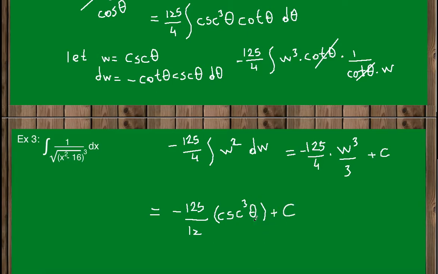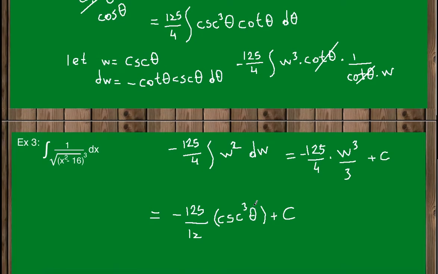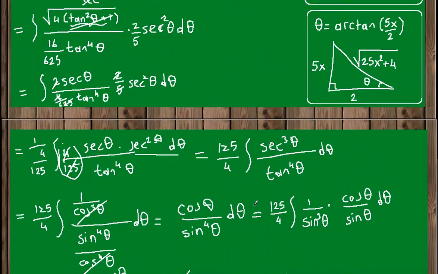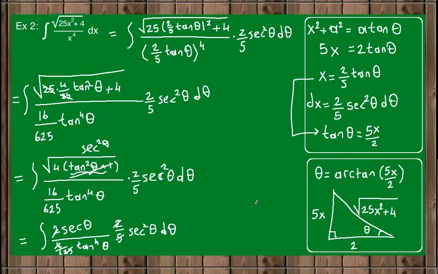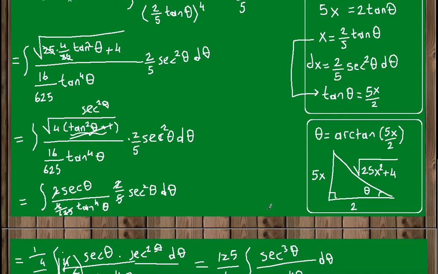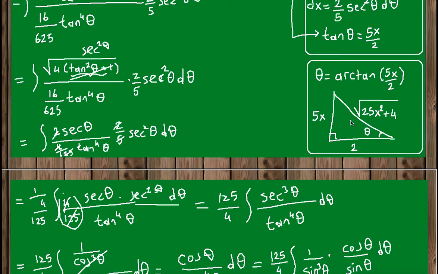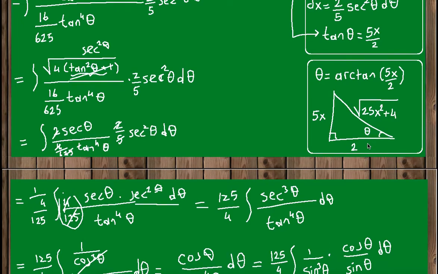But we have to convert theta in terms of x because we have to solve for x. Okay, so cosecant theta, we're going to pull up from our right triangle. So cosecant is 1 over sine, which is hypotenuse over opposite, square root of 25x squared plus 4 over 5x. So cosecant is this, hypotenuse over opposite.